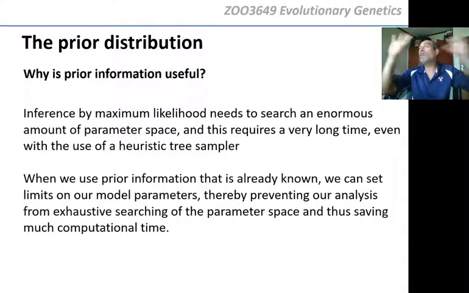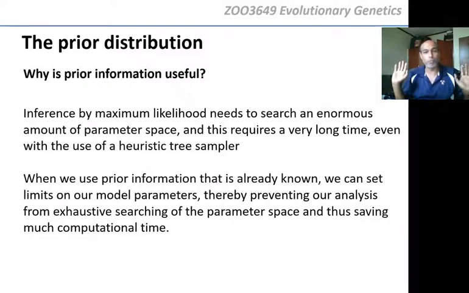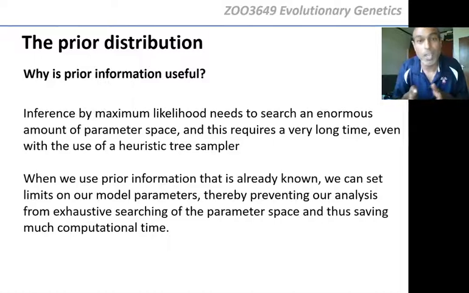It doesn't search everywhere for the most likely tree. It still searches for the most likely tree, but it doesn't search everywhere. It searches only where you tell it to search. And you tell it to search based on info that you know that is not part of the model. And that's what we call the prior information. Information that is known before you start the analysis.